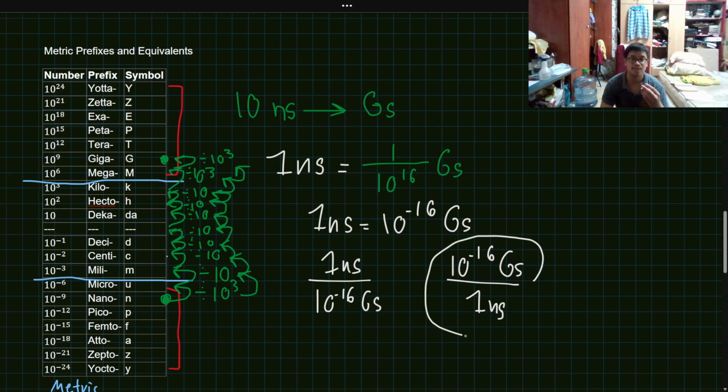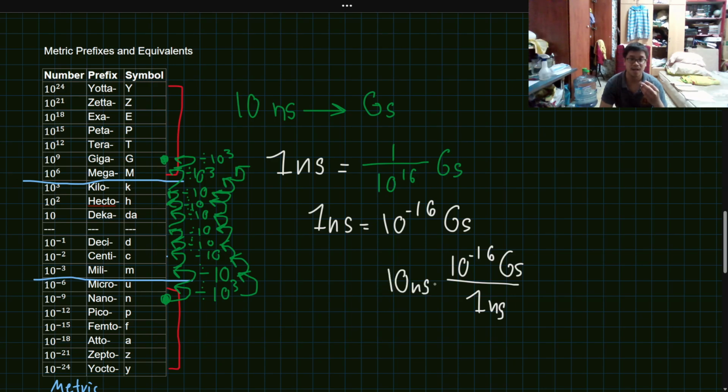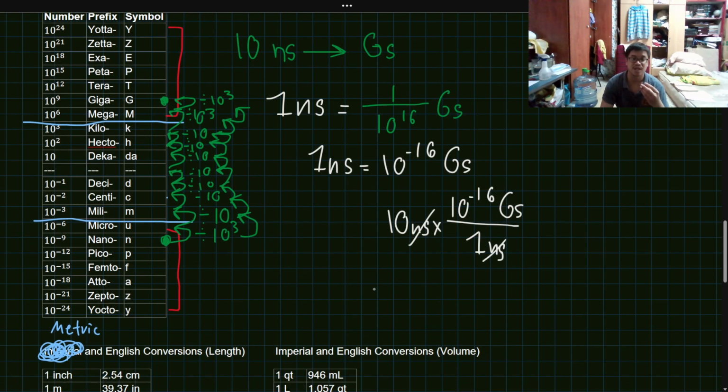So it's the second one. All right. So let's erase this, and we will multiply 10 nanoseconds by this fraction. So here we can now cancel the nanoseconds. And what's left is we have 10 times 10 raised to negative 16 gigasecond.